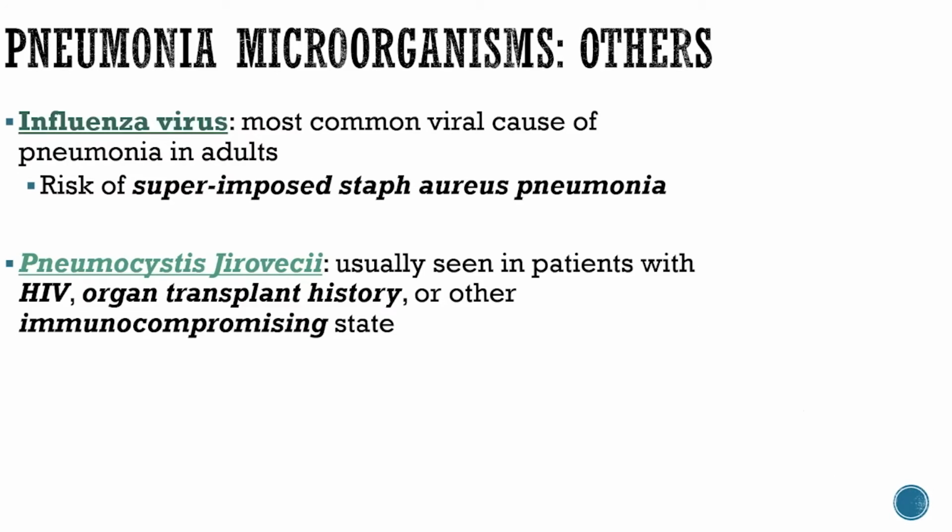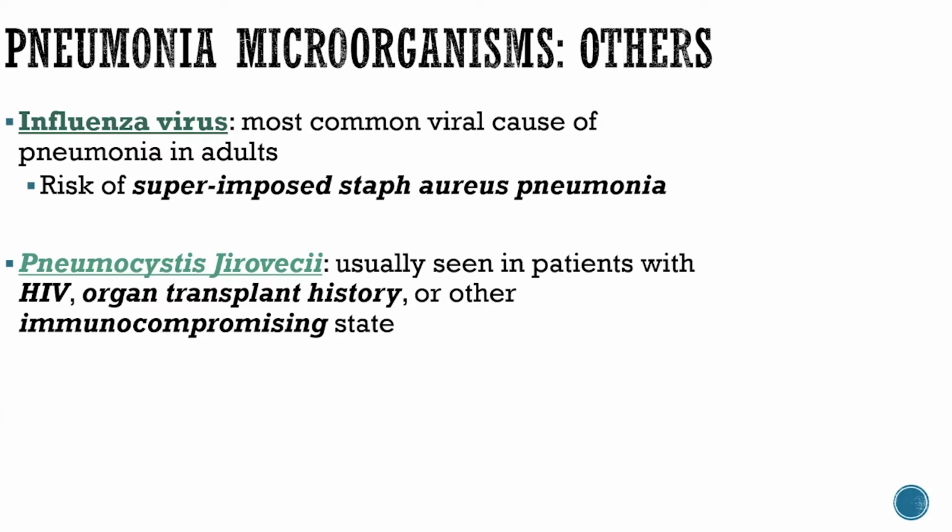Now remember that while bacteria are the most common causes of pneumonia, sometimes you can have pneumonia due to viruses or even fungi. For example, the influenza virus, while it's most commonly associated with upper respiratory infections, may also cause pneumonias or infections of the lungs. One thing that's important to know for your boards is that often an influenza pneumonia increases your risk of a subsequent Staph aureus pneumonia. So a question stem may say, for example, a patient is diagnosed with Staph aureus pneumonia.